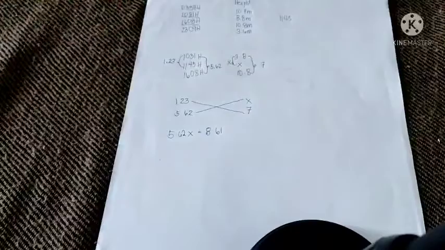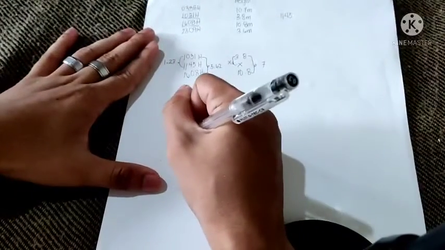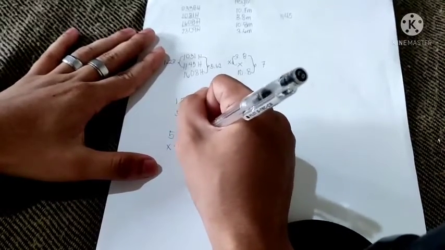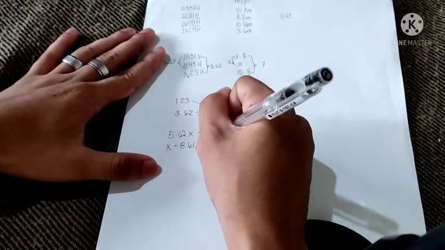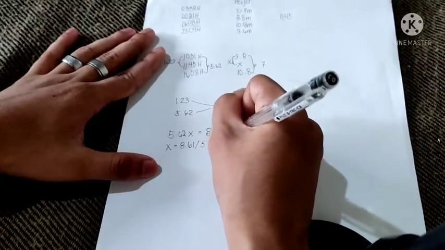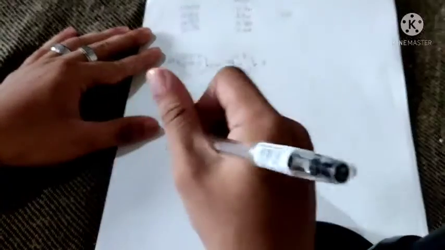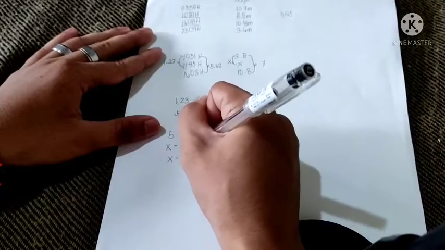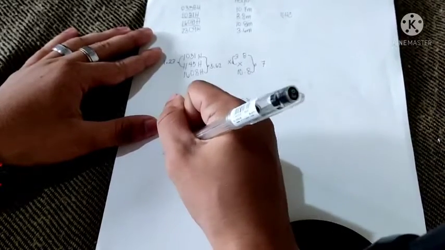Hindi naman natin siya pwedeng i-times ng ganyan. So ang gagawin natin, X is equal to 8.61 divided by 5.62. So the answer is 1.53.